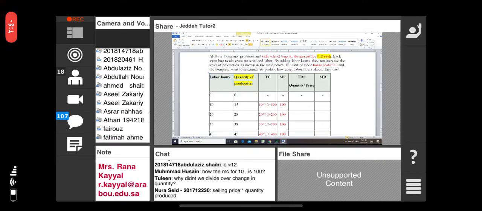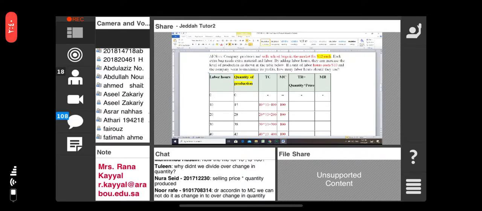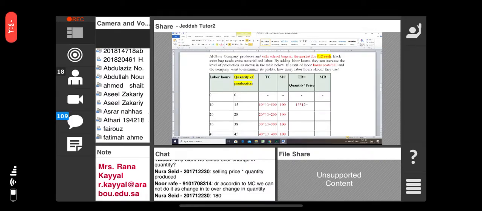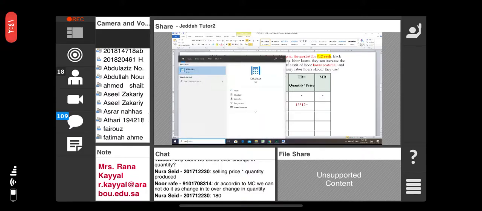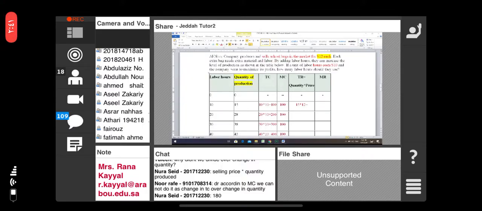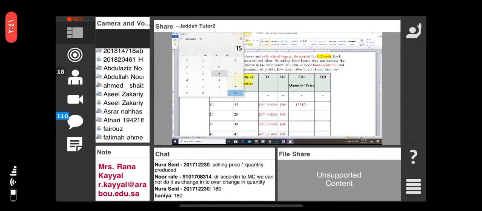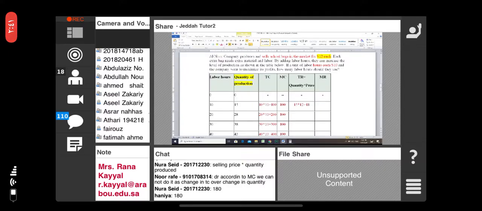So for the first one, the quantity of production is 15 times the price per unit, 15 times 12. This is 180.